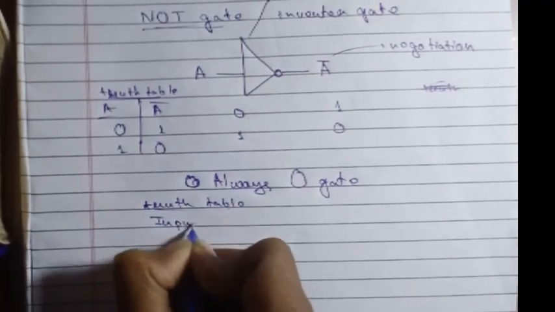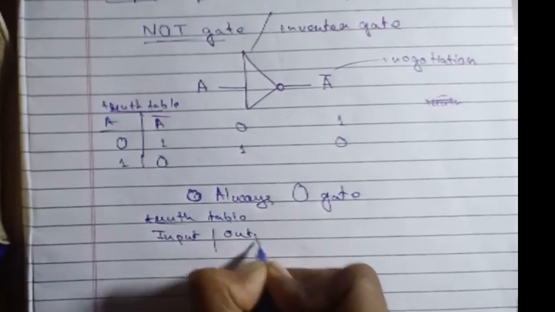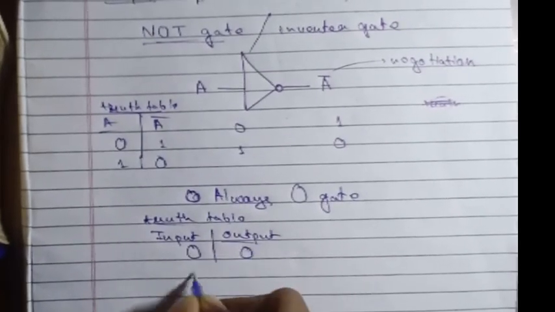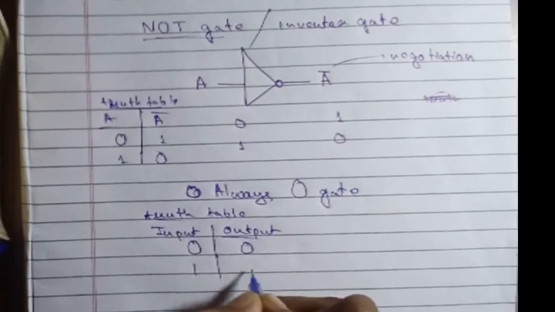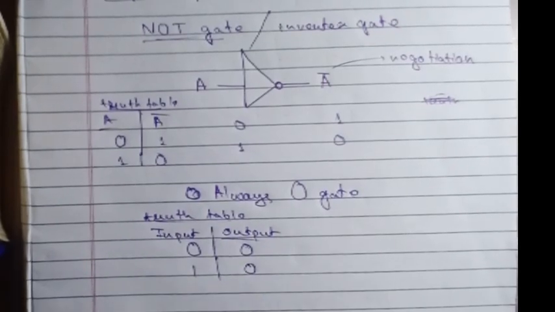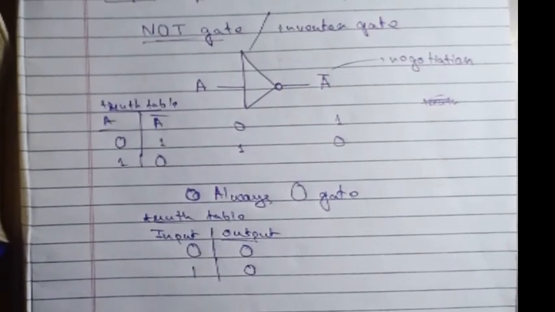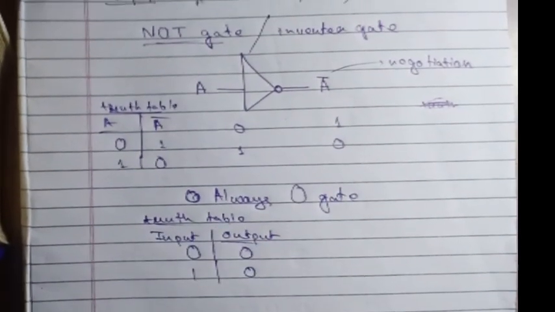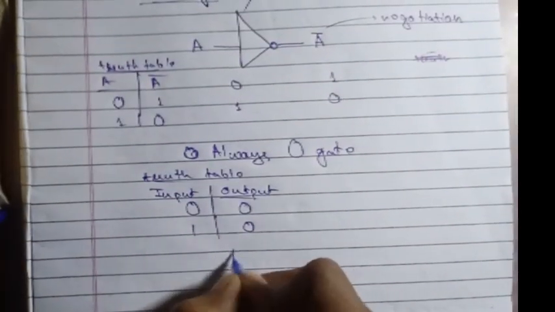Here is input, here is output. If I give 0, it will obviously return 0. If I give 1, then it will give 0. So this was the always 0 gate. Next one is the always 1 gate.